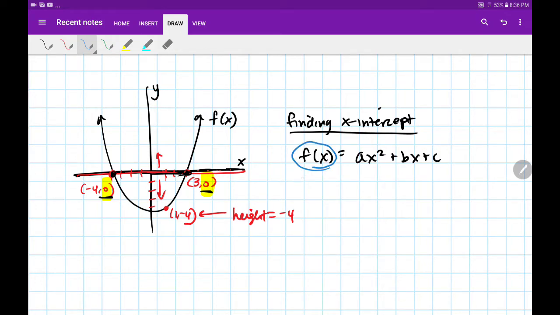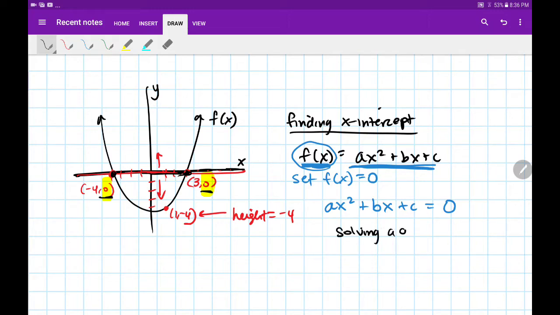So I'm going to set this guy equal to 0. And this is what it really looks like. If I'm setting f of x equal to 0, well, that f of x is really this whole function here. So I am going to solve by saying ax squared plus bx plus c equals 0. And then what I'll be doing is solving a quadratic equation.